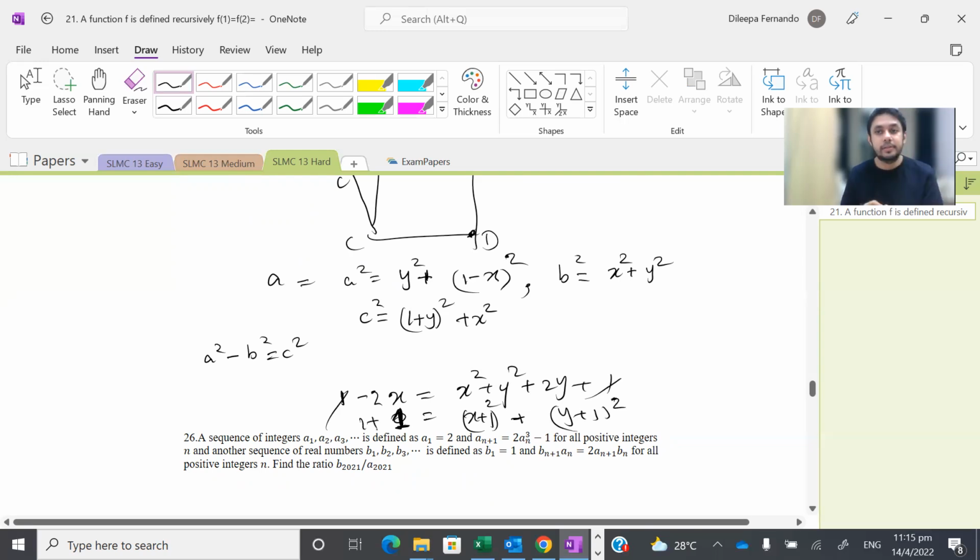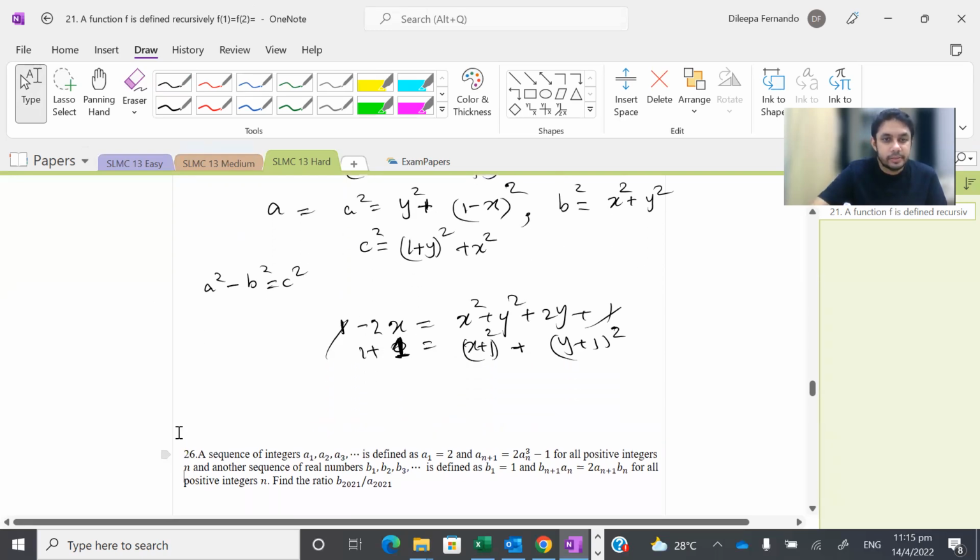So this is just completing the squares. If you inspect correctly, this is something you should be aware about. So this is the equation of a circle.